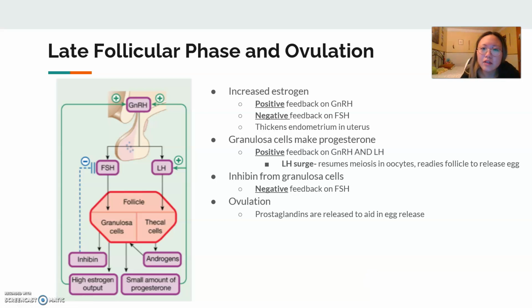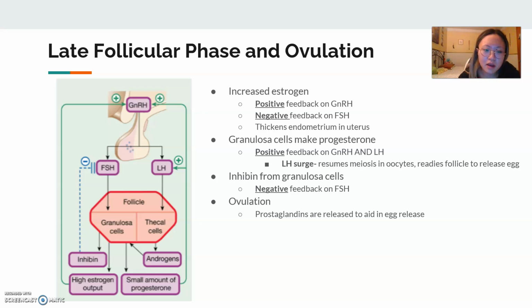And then in the late follicular phase and into the ovulation, there's increased estrogen, like I said, but it still has the negative feedback on FSH, but the previously negative feedback effect that it had on GnRH is actually turned into a positive feedback loop. So it promotes the release of GnRH.